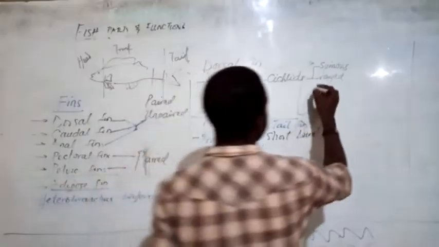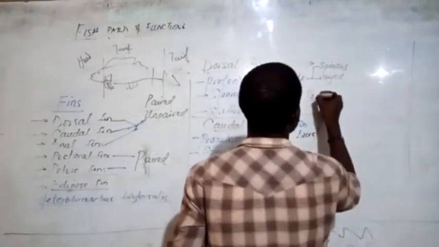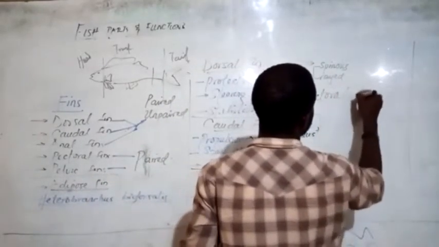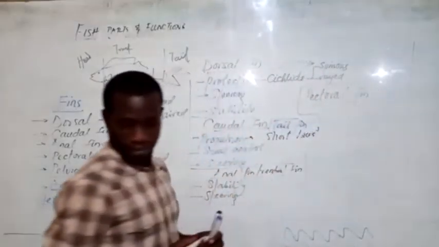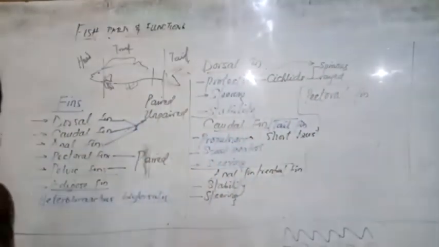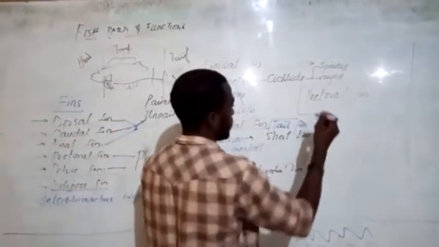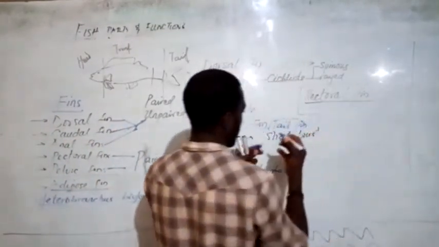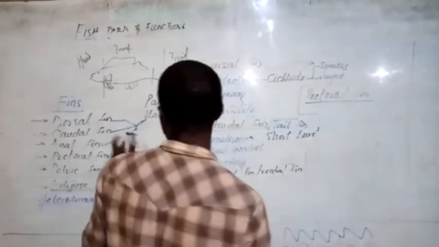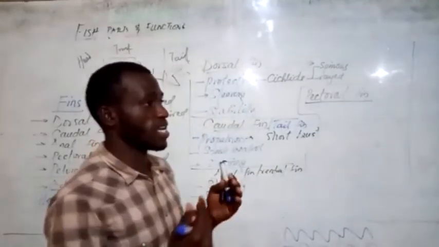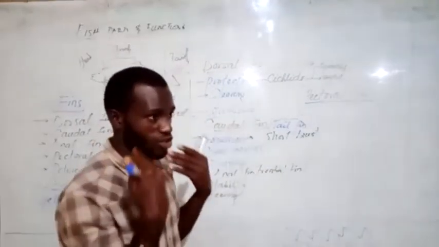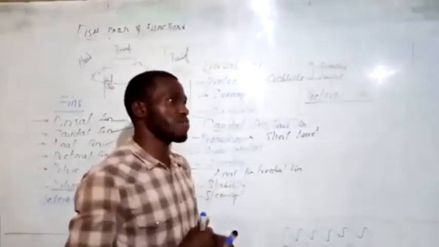The pectoral fin now. The pectoral fin is the fin that is on the cheek, more like the cheek of the fish.